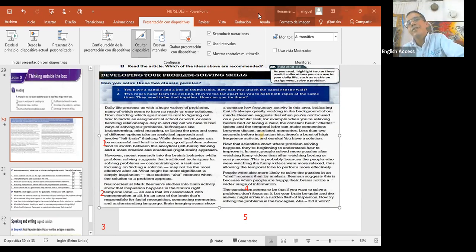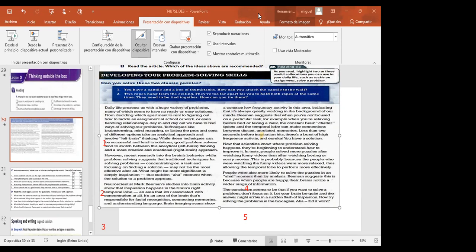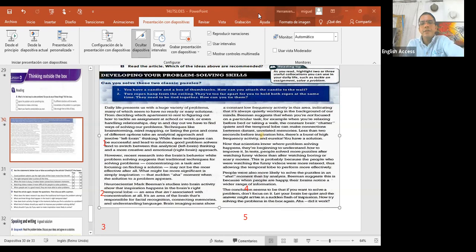Okay, I think you cannot hear me. Felix, you raised your hand. Yes, teacher. I think the article is interesting because it is about how to solve your problems. Yes, it is.